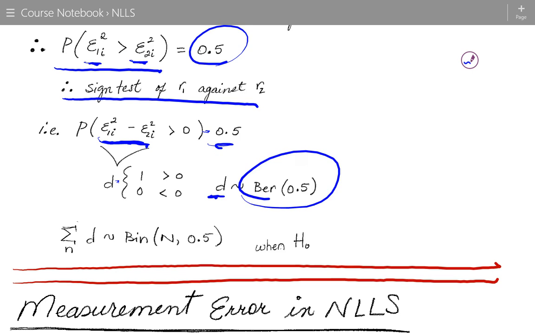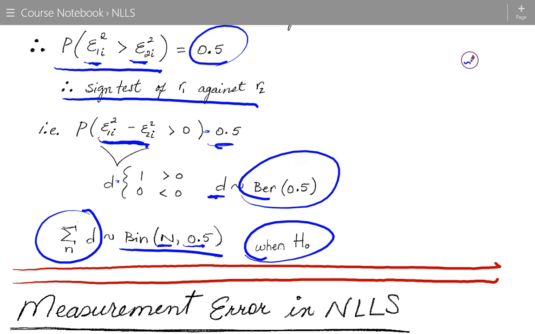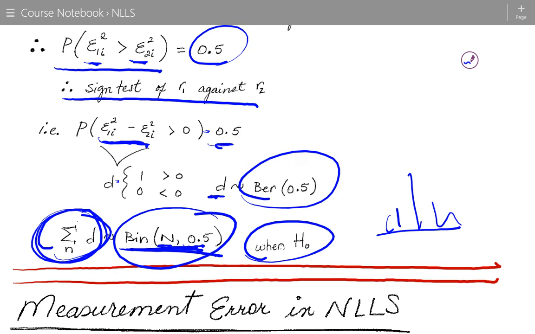So if you go across the whole sample, the sum of those Bernoulli variables is binomial with sample size n at 0.5 under H naught. So based on this expected number for D, you get a distribution of this sum. If this were a binomial distribution, then this statistic has a particular distribution associated with it, and you can base your test on how extreme the observed sum of D is compared to this model.